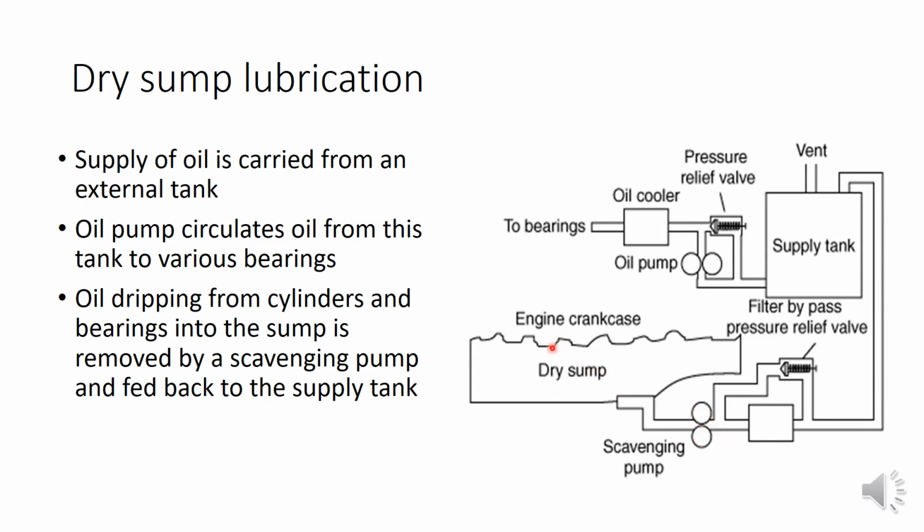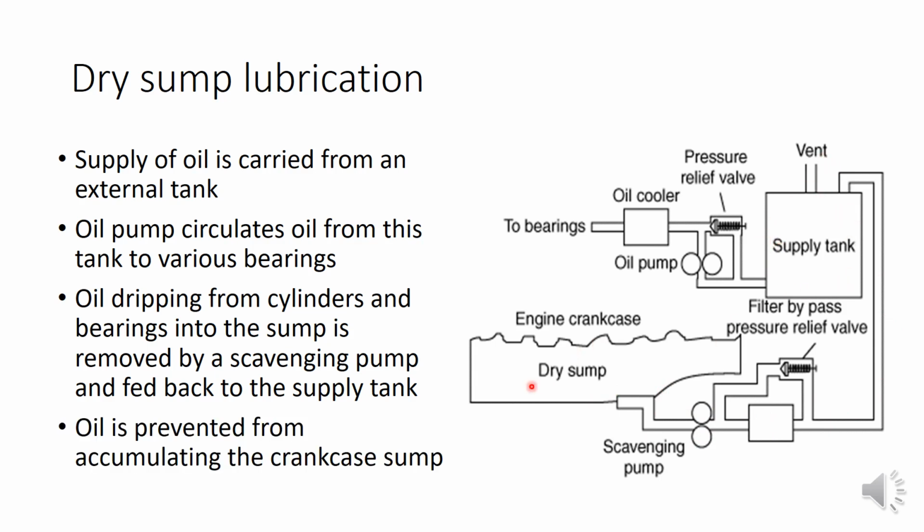So once the oil reaches a small level, this pump will again remove it, and it will bring it back to this supply tank. So that means oil is prevented from accumulating in the crankcase. That is why it is known as dry sump lubrication. So the thing is, in dry sump lubrication, we have a separate supply tank external to the engine.